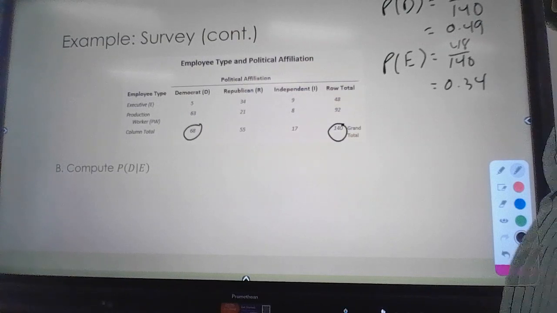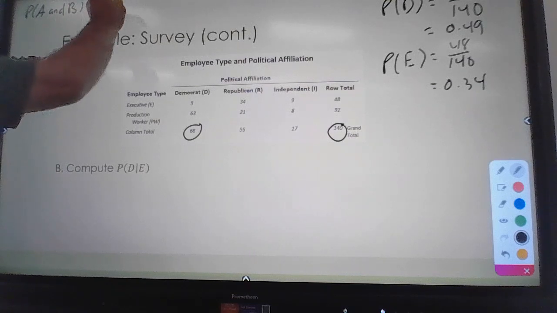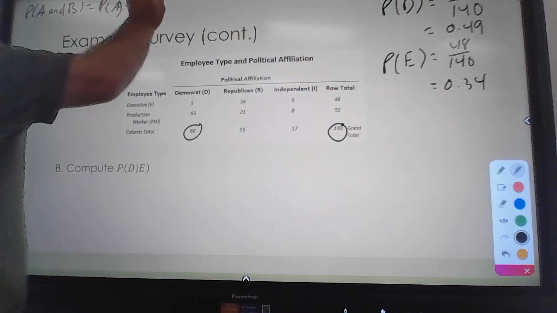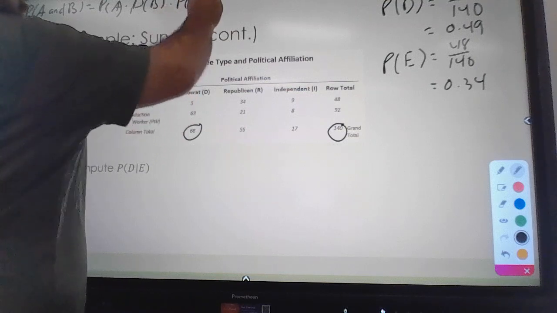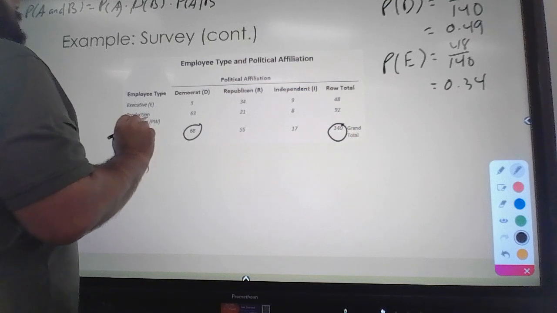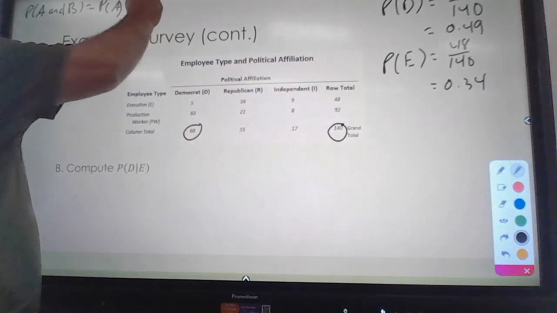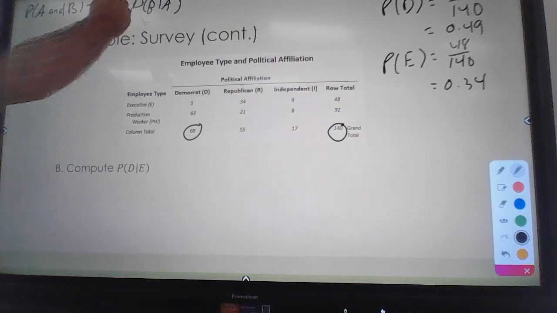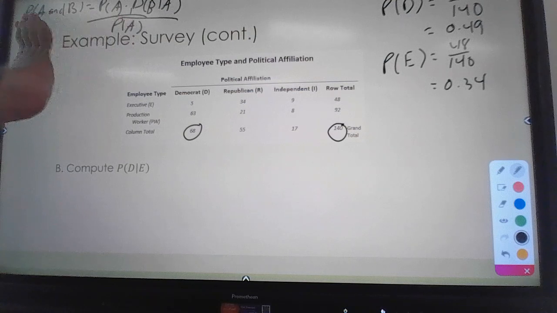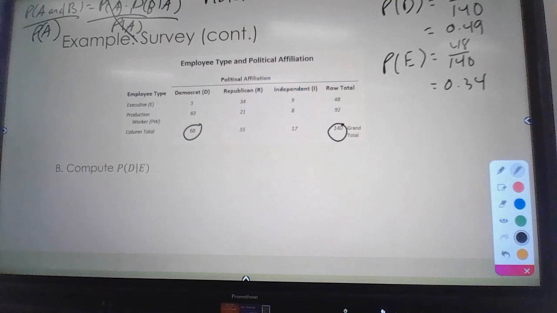If you go back to the formula we talked about with conditional probability, we said that the probability of A and B was the probability of A times the probability of B given A. If I wanted to find that conditional probability, I would divide both sides by the probability of A. So if I wanted to find the probability of a Democrat given that they're already an executive, I just switch A and B with D and E.